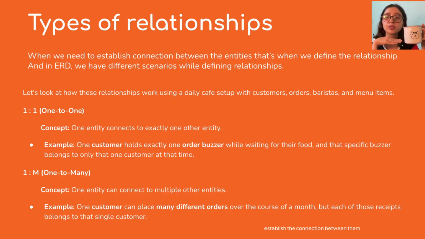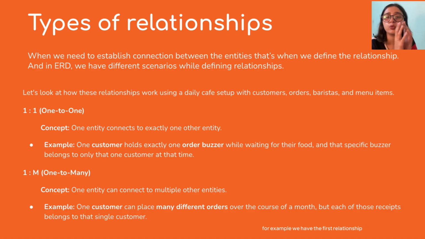You establish the connection between them. And that's what a relationship does. When we need to establish a connection between entities, that's when we define a relationship. And in ERD, we have different scenarios in which we define a relationship. So let's look at how these relationships work.